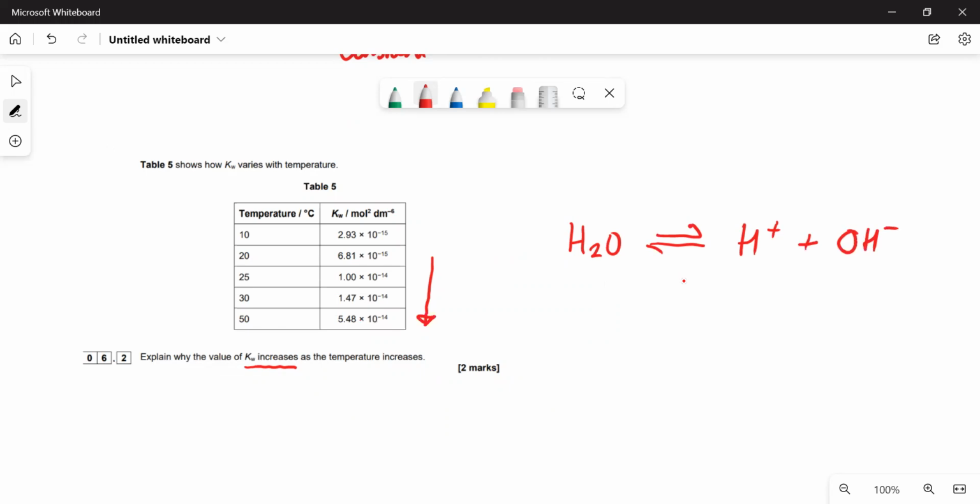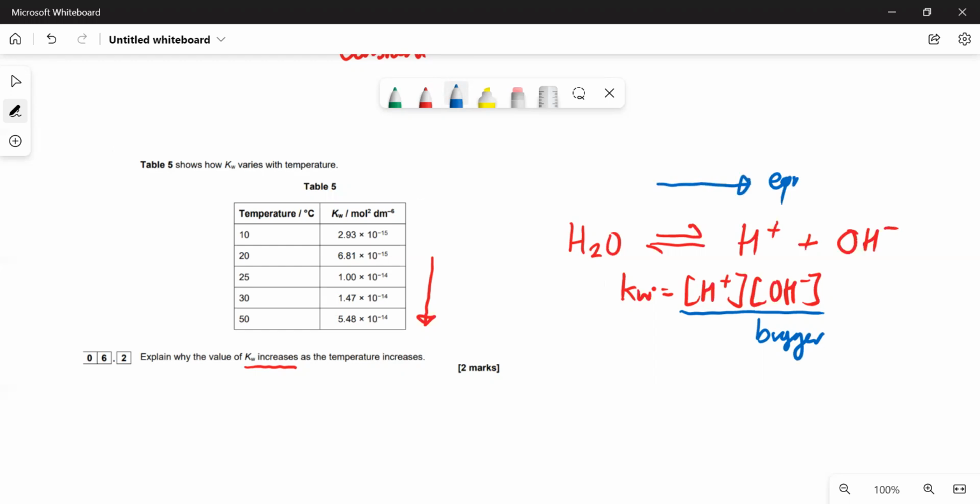Now Kw is equal to the concentration of H plus times the OH minus concentration. And we can see as the temperature is increasing, Kw is getting bigger. So that means the concentration of H plus and OH minus ions is getting bigger. That means as temperature is increasing, the equilibrium is moved to the right.